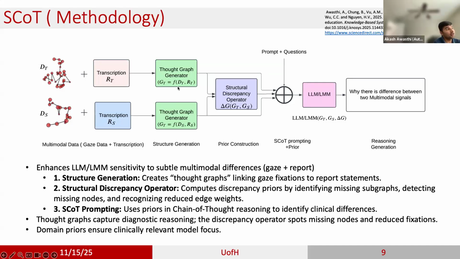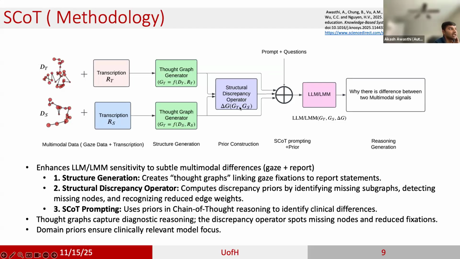We create the structure with a thought graph generator, and then we have a structured discrepancy operator, which is nothing but generating the prior, because it's really hard for an LLM to reason deeply over a big prompt. So we generate some prior using this structure, called a discrepancy operator, which just takes the graph difference between the GT, the student and the teacher graph.